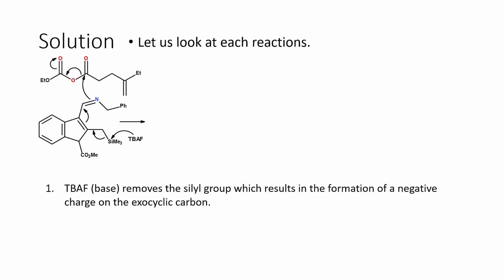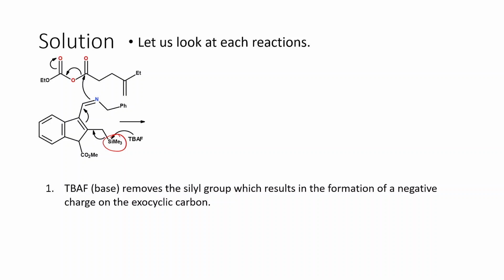The first thing we have to remember is whenever we use TBAF, TBAF is actually a very good reagent for removal of the silicon unit. So in the starting material, the silicon unit we have is a trimethylsilyl unit. The trimethylsilyl unit is easily removed by a base, that is tetrabutylammonium fluoride.